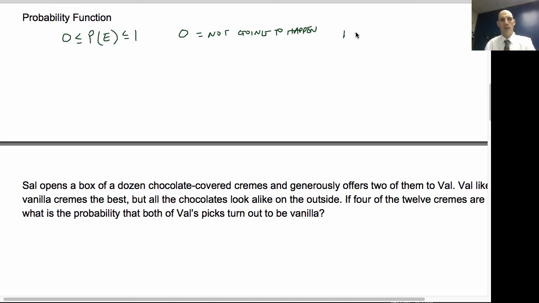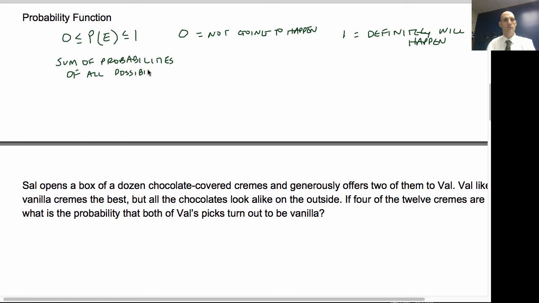Okay? 1 is definitely will happen. Okay? So 0 is 0%, 1 is 100%, because the sum of all events, sum of probabilities, of all possibilities is 1.